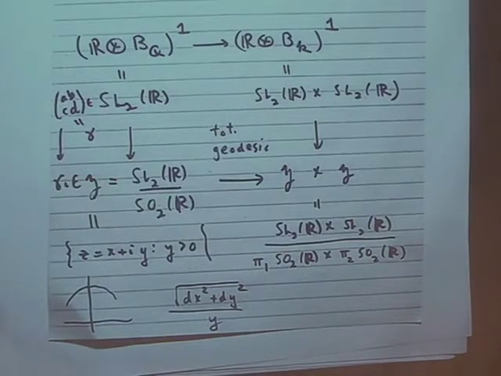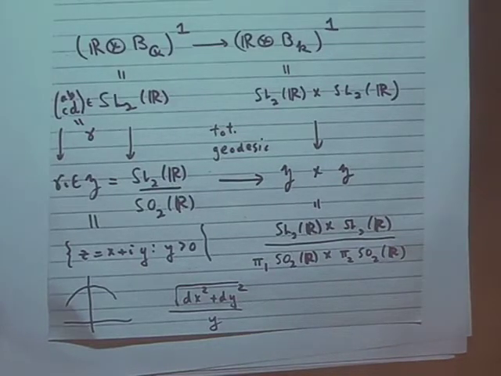The compact subgroup that I want to take is the SO2R on the left, push it forward, and then look at each of its projections and take the product of the projections. And that will end up giving you upper half plane cross upper half plane. So associated to this embedding of B sub Q into B, there's a map from the upper half plane into the product of two copies.